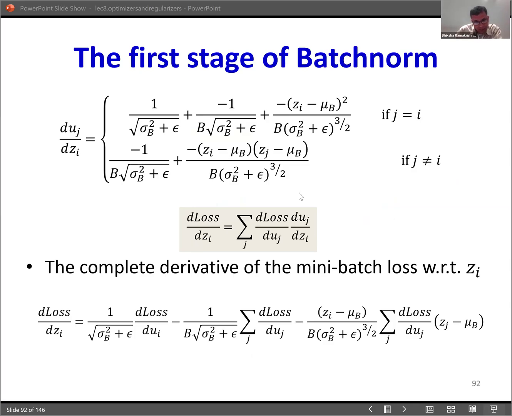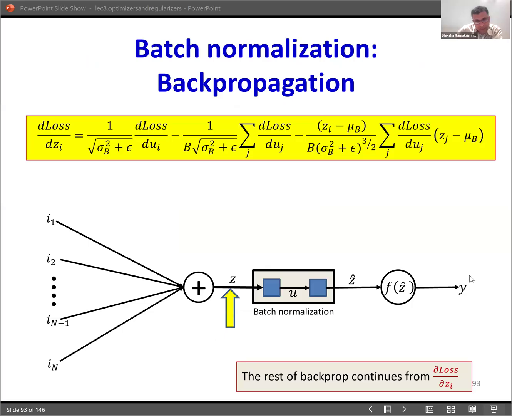Plug them into this formula, and you get this even crazier looking formula that you could actually just write down on your own now that you know how to figure it out, right? And so here's the overall derivative of the loss with respect to z within any mini batch.